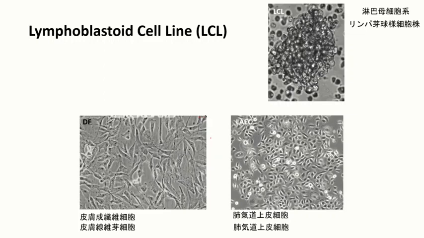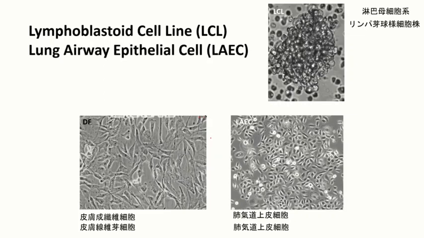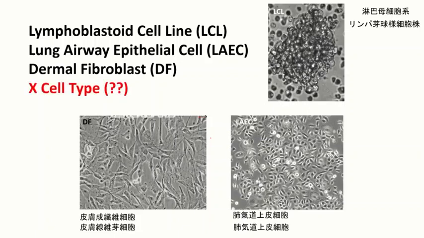The experiment we use is to collect published data, one from lymphoblastoid cell lines, another from lung airway epithelium cells, another from fibroblasts, and then we use another cell type, but I will ask you what cell type this could be at the end of this introduction.